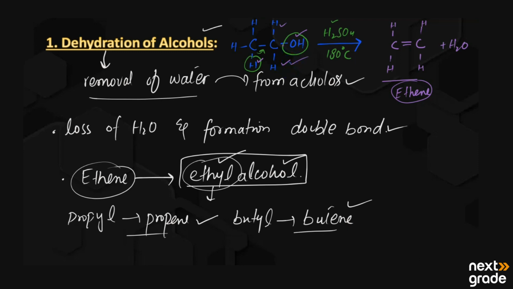Written simply, CH3CH2OH, after applying these conditions, gives CH2=CH2. This is the ethyl alcohol, and this is the ethene.